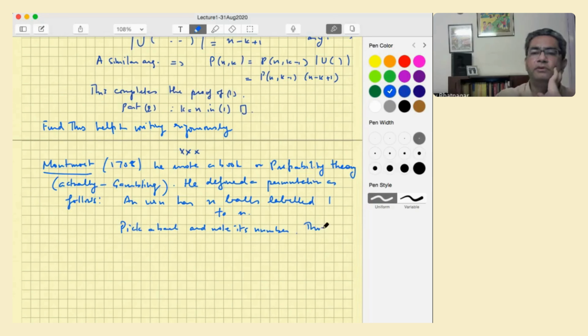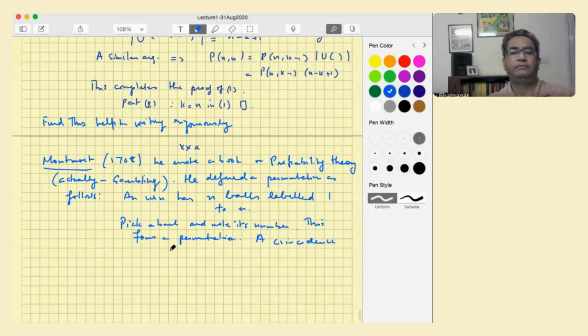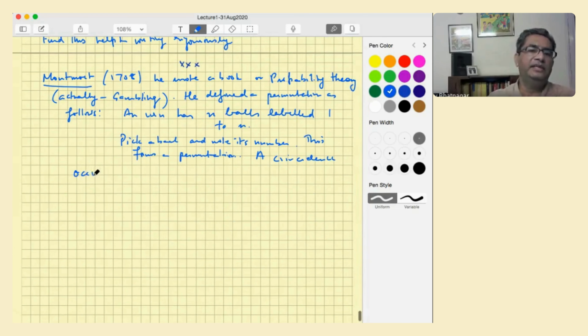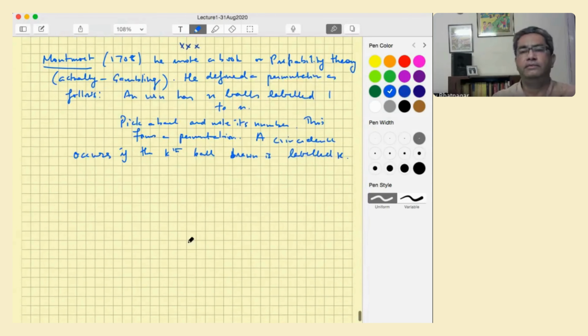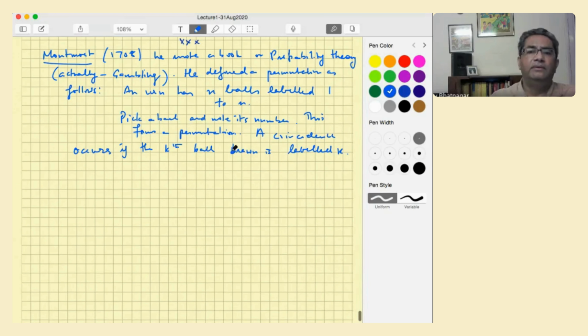This forms a permutation. So a coincidence occurs if the kth ball drawn is labeled k.